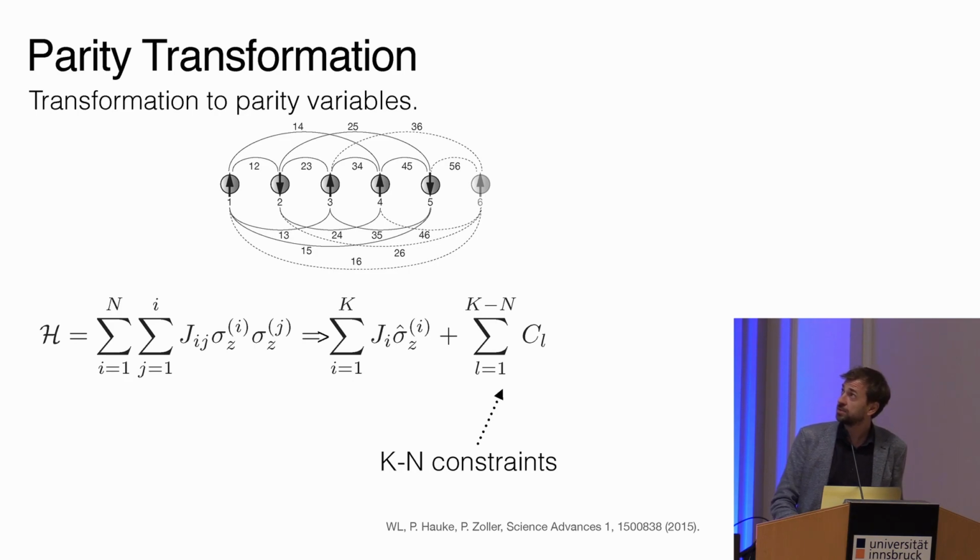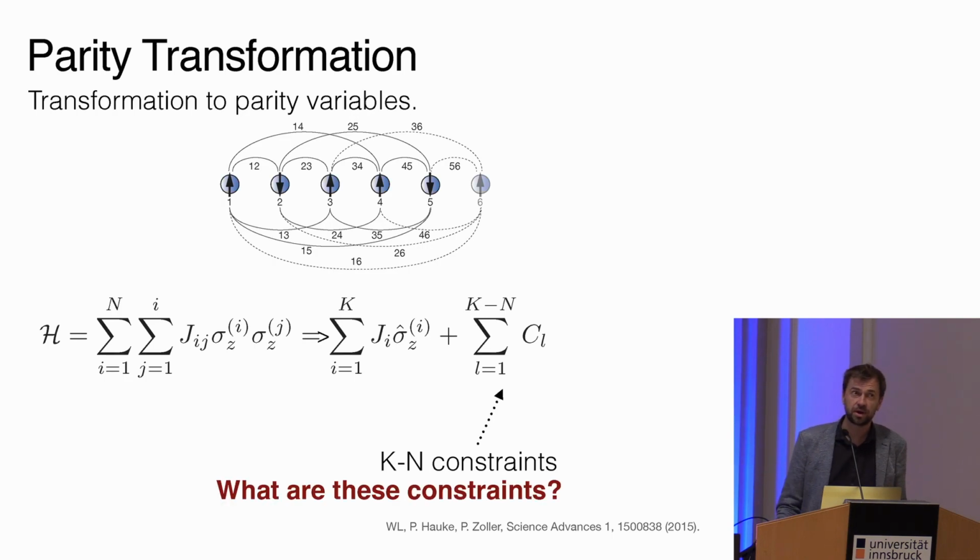So how do we go from this QUBO version to the parity version? The first thing is that we introduce the parity variables. These are variables that measure the parity between two logical qubits. On my slides, the logical qubits will always be the blue ones. These are the ones that we have in the problem.